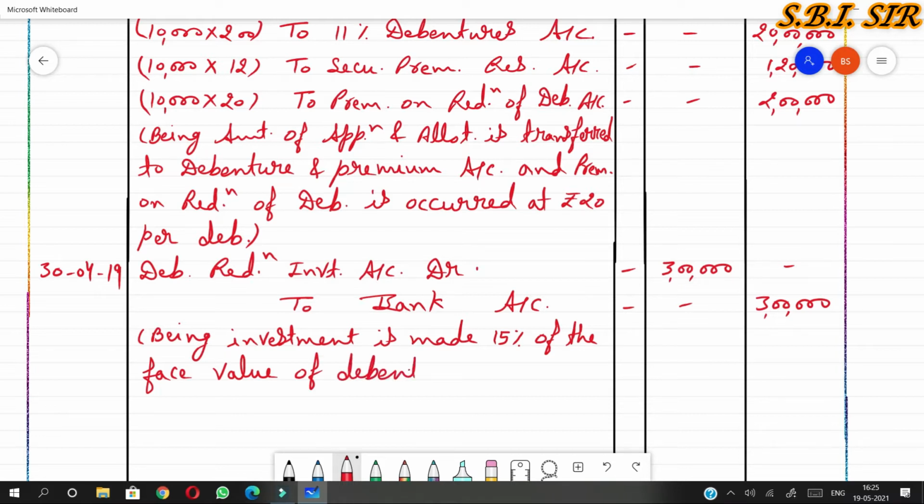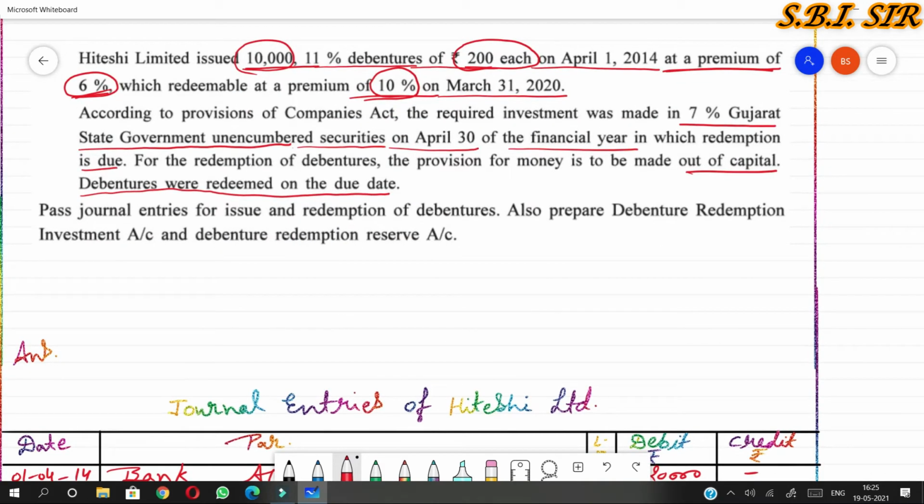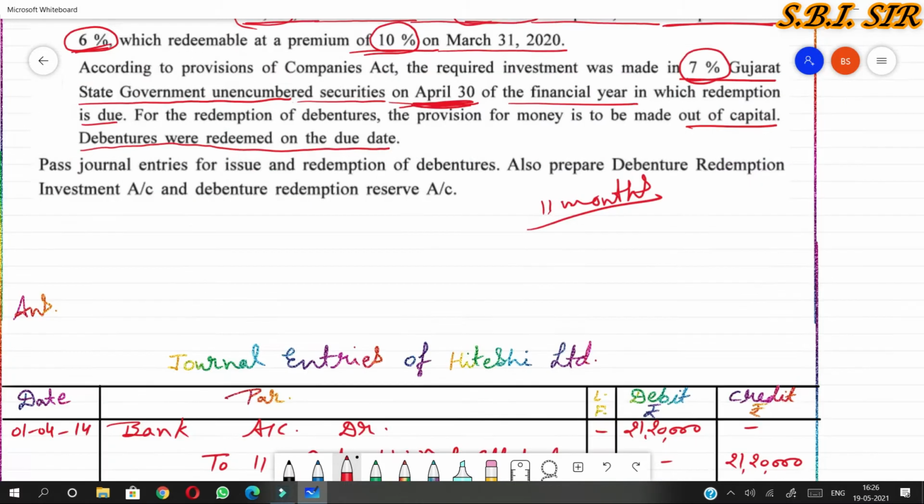Then students, here the rate of interest on investment is also given, and it is 7%, and at the time of sale we will calculate 7% interest from 30th April 2019 to 31st March 2020, means for 11 months interest will be earned here.